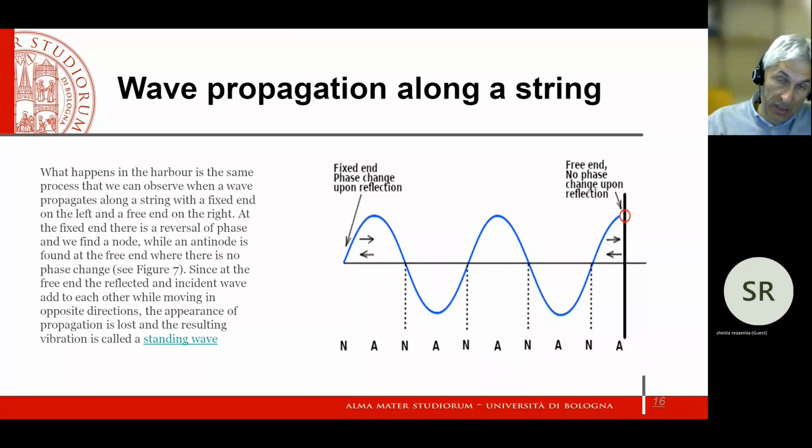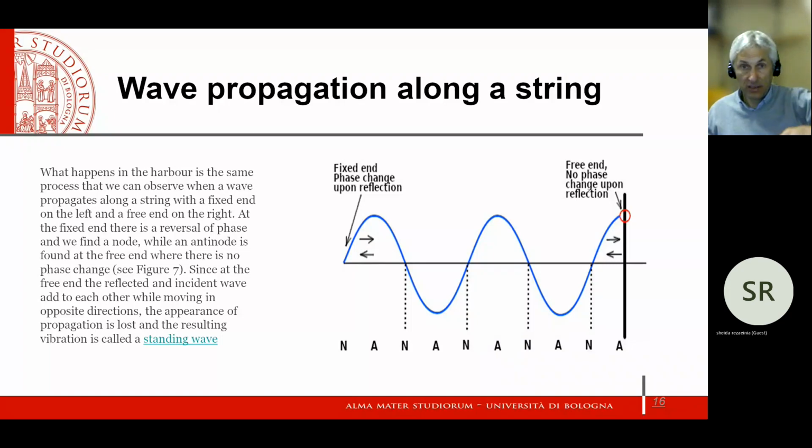So you may take a string with a ring on the end, and this ring is free to go up and down along a vertical pole, and then the other end is fixed. Okay, and you may also assume that the vertical pole is given by your arm that makes the string moving up and down.